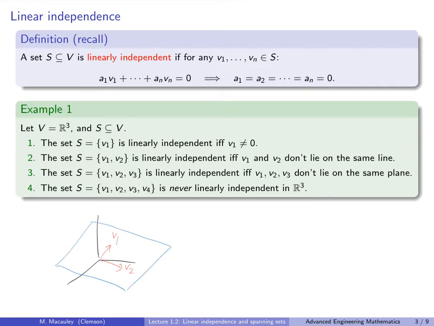So every vector on this plane I can write using V1 and V2. And then if I take a vector V3 that is not on this plane, now that is going to determine 3-dimensional space. We'll say it spans R3. That's a terminology that we will introduce later in this lecture. But the way to think of this is every vector in R3 can be written using V1, V2, and V3.